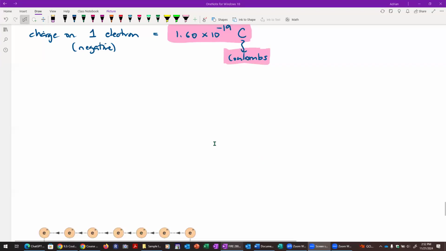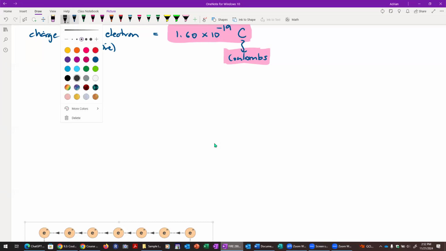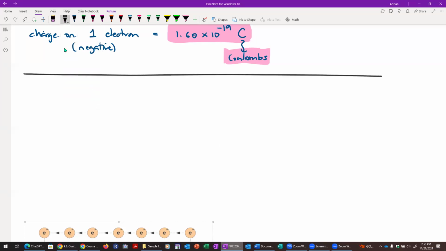Now, what do we know about charges generally in terms of how they interact with each other? Well, intuitively, we know, and we also discussed this back in the earlier sections when we looked at the subatomic particles, that if you have opposite charges, the opposite charges will attract each other.